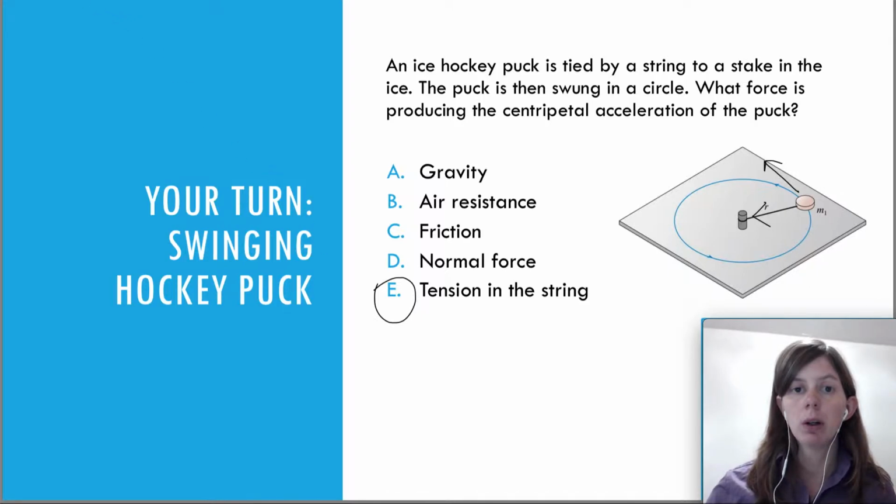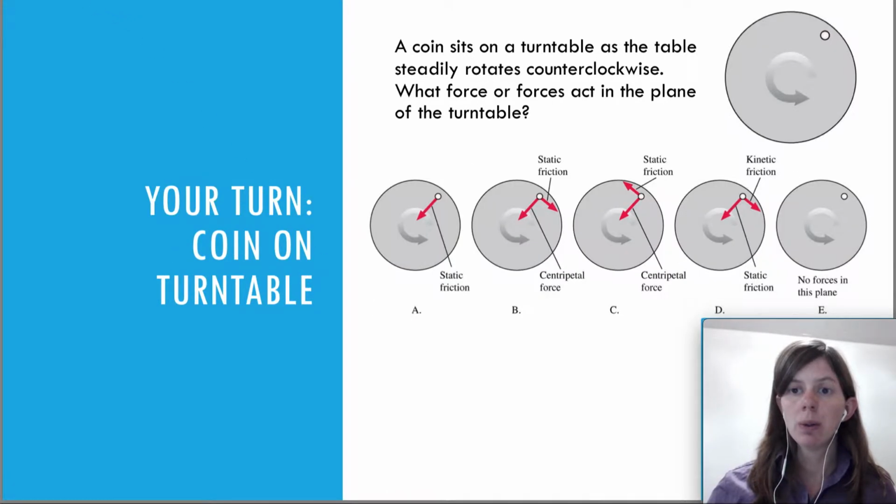Let's do one more. A coin sits on a turntable as the table steadily rotates counterclockwise. What force or forces act in the plane of the turntable? So this thing is rotating counterclockwise, and for some reason the coin is not slipping off. Right?